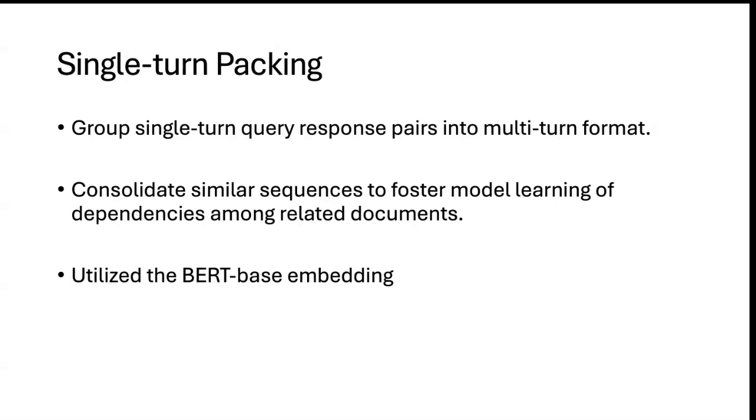They utilized BERT-based embedding to convert the queries into vectorized representations, and a nearest neighbor algorithm to identify the four closest counterparts, from which they selected only 2 or 3 to get the multi-turn sequences.